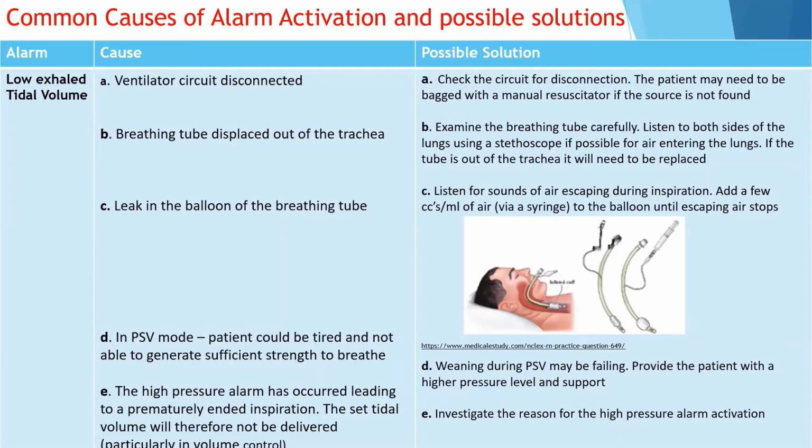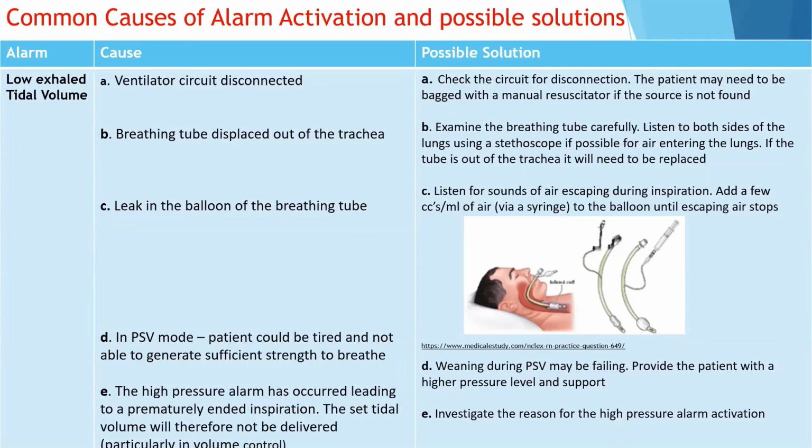In the pressure support mode, a low exhaled tidal volume alarm could mean that the patient is tired and not able to generate sufficient strength to breathe. It could mean that weaning during pressure support may be failing. The solution would be to provide the patient with a higher pressure level and support, or perhaps change the mode.